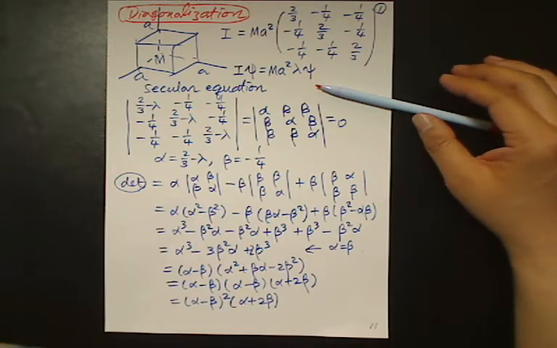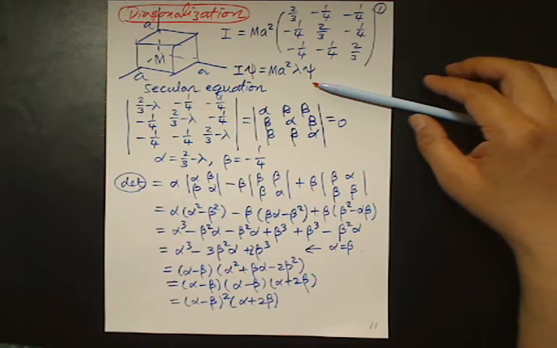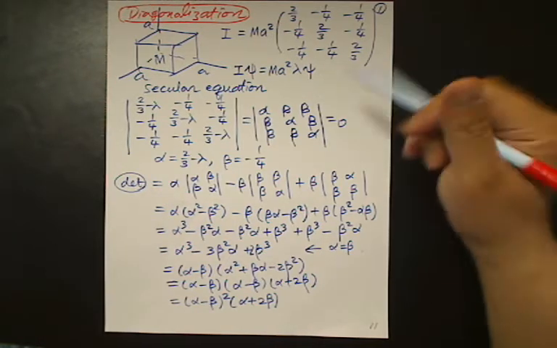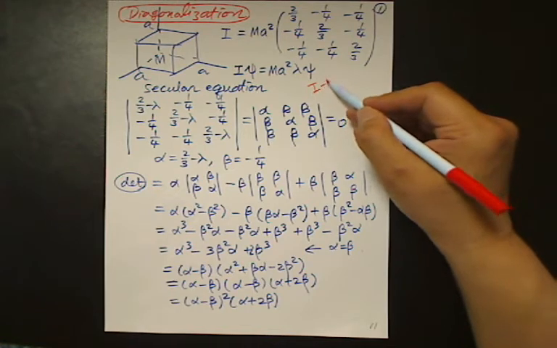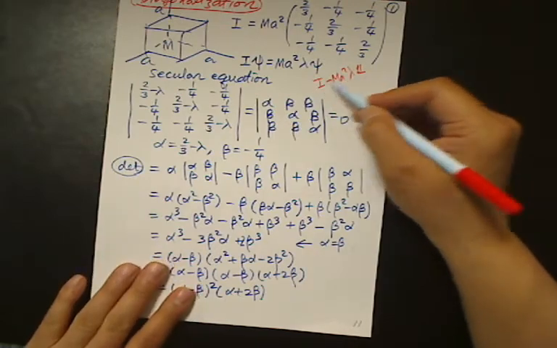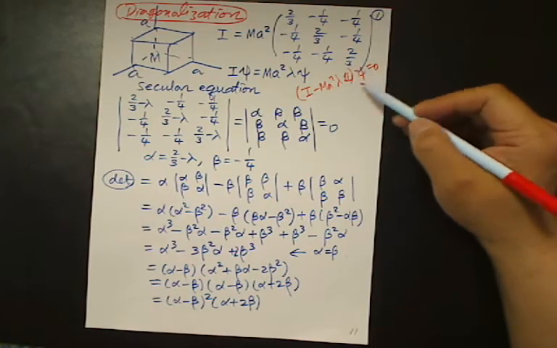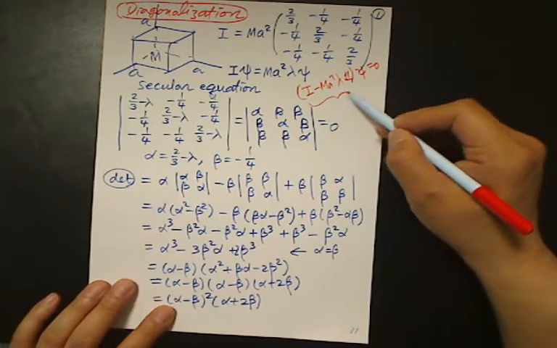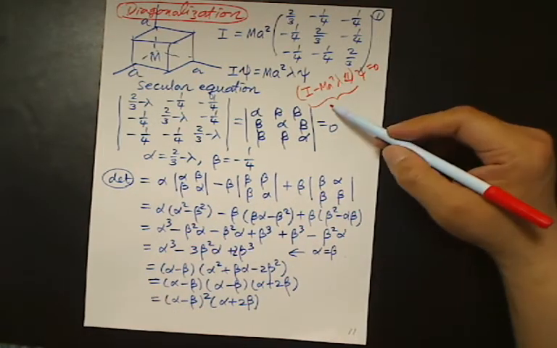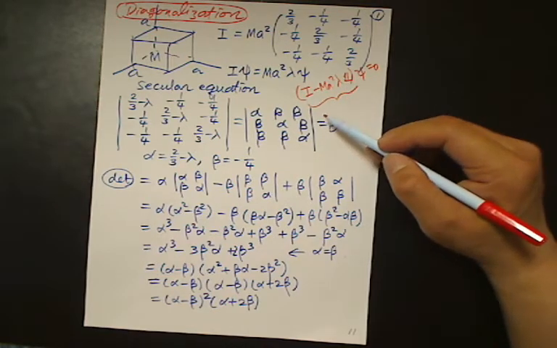First, in order to have a non-vanishing eigenvector, we need to find the secular equation. This is (I minus ma squared lambda times the identity matrix) psi equals 0. In order to have a non-vanishing psi, the determinant of this must vanish, because if the determinant is non-zero, then there is an inverse matrix.